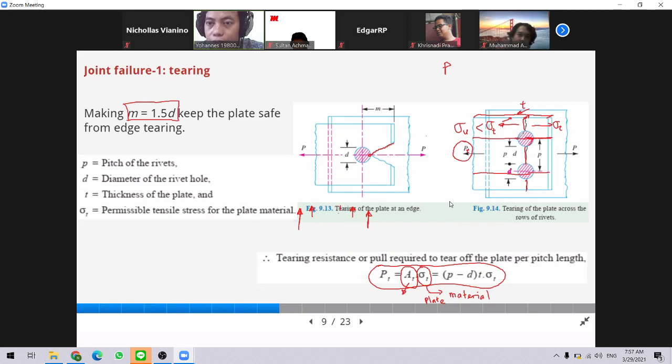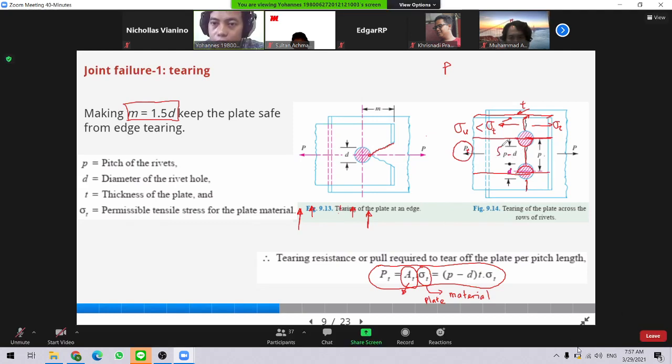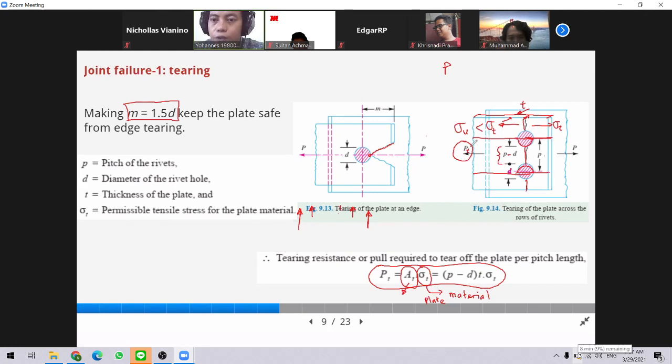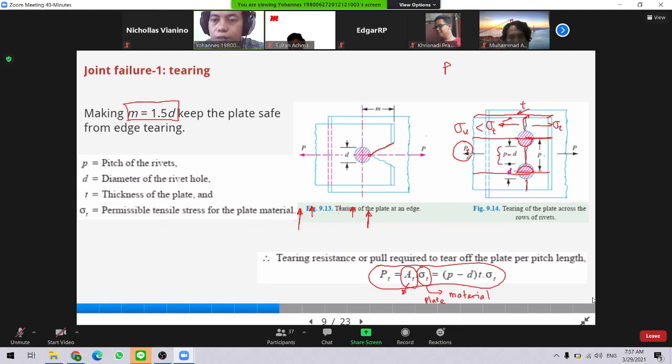Here the rivet occupies the space for this area. So the effective area is pitch minus diameter here. So this is the effective area which holds this tension load.